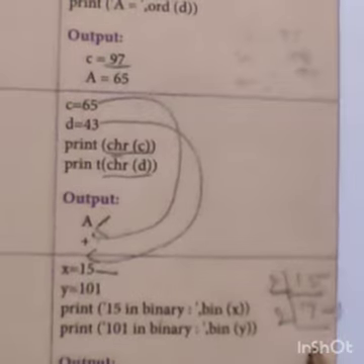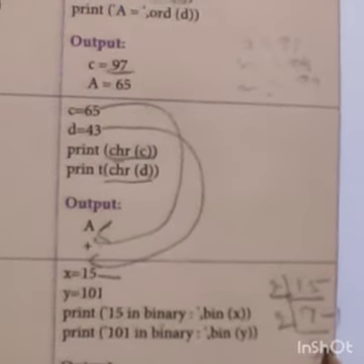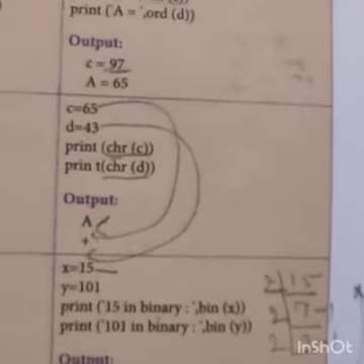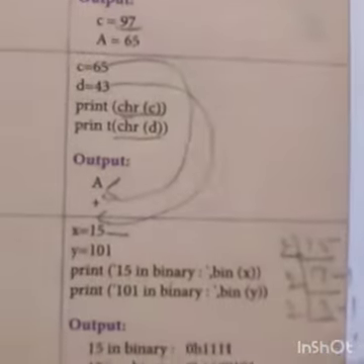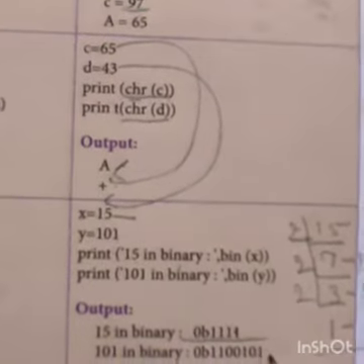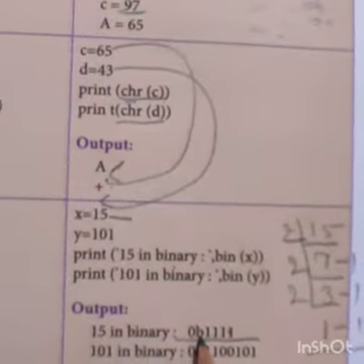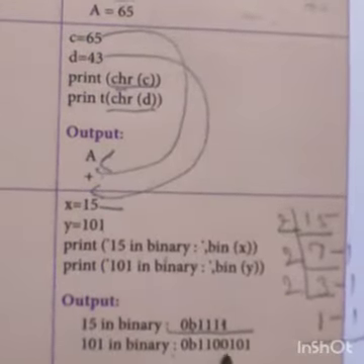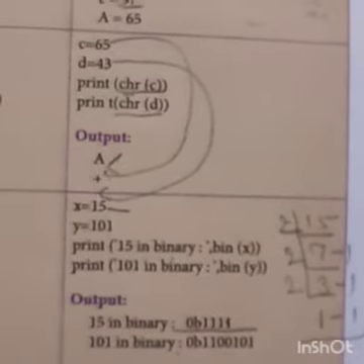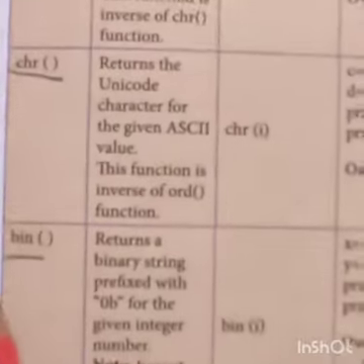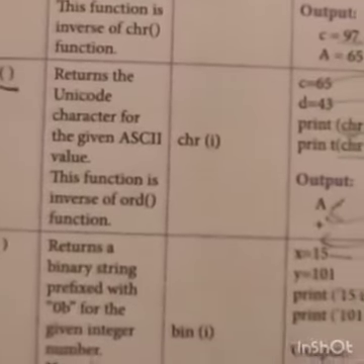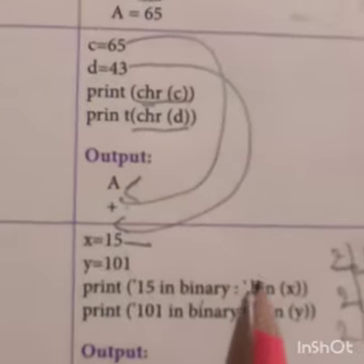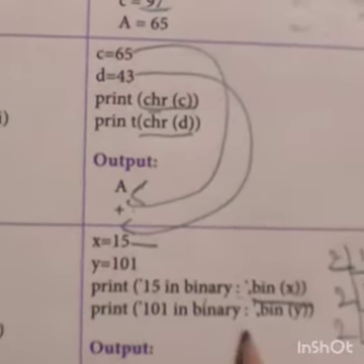Next, 7 divided by 2 gives 3 with remainder 1. Then 3 divided by 2 gives 1 with remainder 1. The answer is 1111. The 0b prefix means binary number. For 101 it gives 0b1100101, a binary number. So the bin function returns binary numbers.